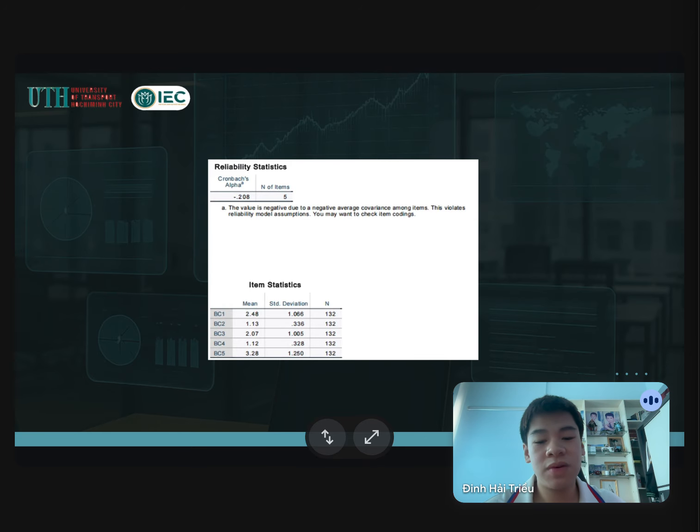Therefore, this construct cannot be considered reliable and should either be revised or excluded from later analysis. Overall, except for BC, all remaining constructs demonstrate excellent reliability and are appropriate for further statistical testing.